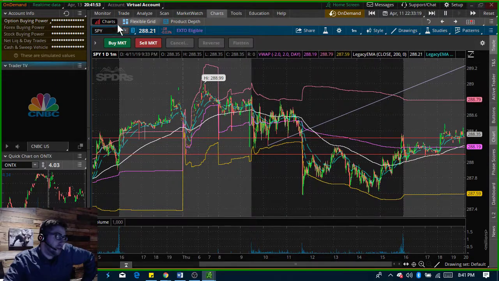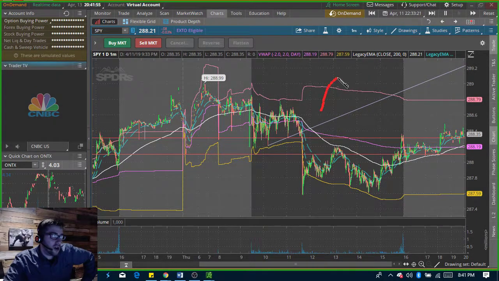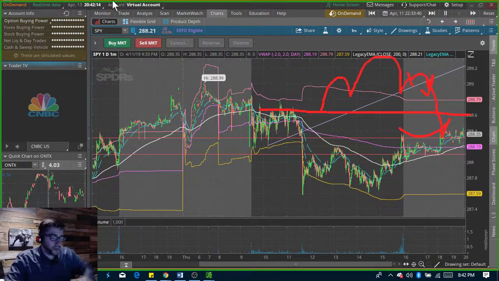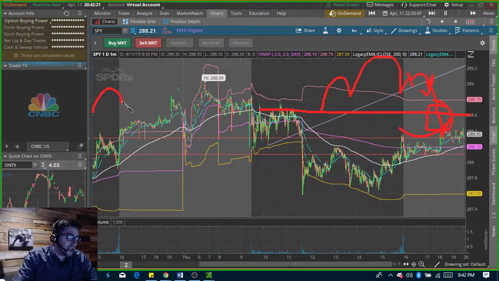If you ever see something that looks like a head and shoulders, and you're thinking about getting in here without the confirmation, that's a very dangerous move. You really want to get into a head and shoulders at the neckline. That is the safest spot to get in, right at the neckline. Because anything can happen. It could look like a head and shoulders and then not be a head and shoulders, you know?